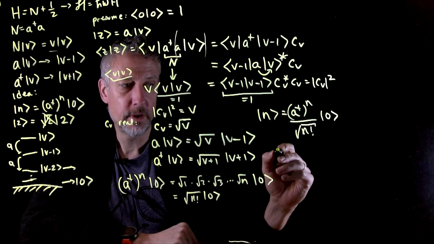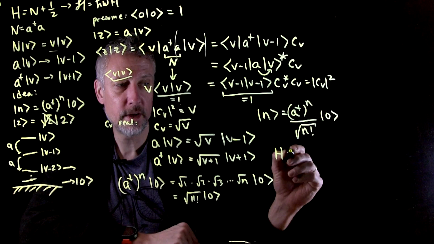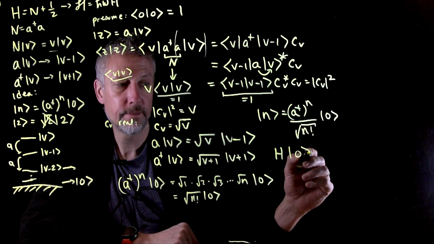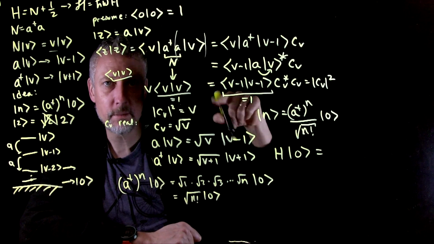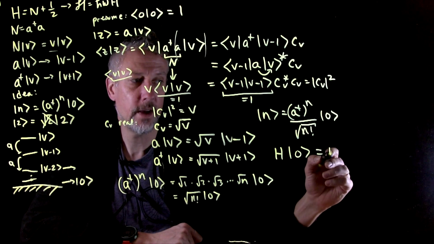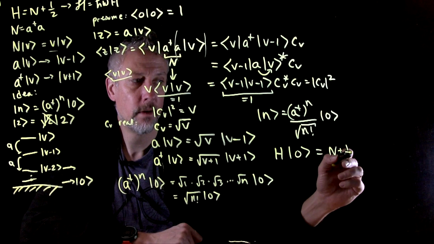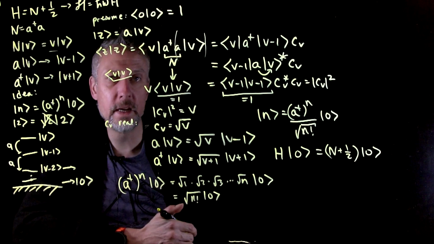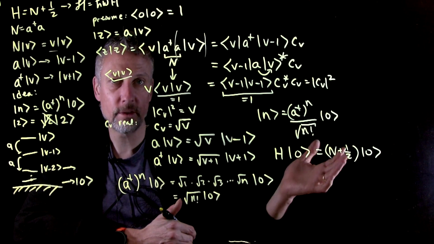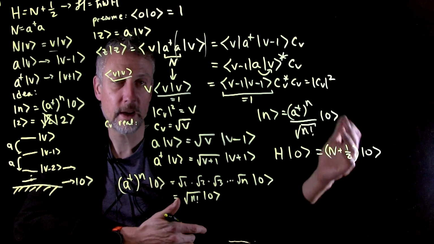Okay, so to do that, we figure out the Hamiltonian operating on the 0 state, and we know that every single one above that is just going to be 1 n higher, right? So that's equal to n plus a half operating on 0. You can immediately read off that n operating on 0 is 0, and so that's a half, so the eigenvalue for the Hamiltonian would be a half.